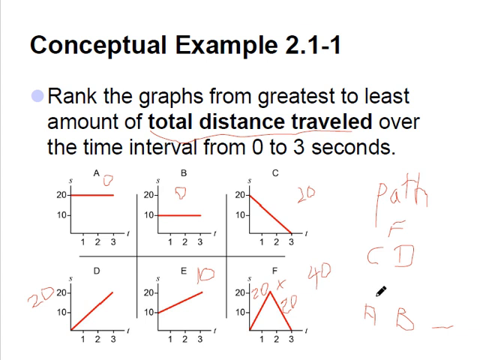And then E, because it has 10 units total distance traveled. So that's how you're going to rank it. The greatest is here, the least amount of total distance traveled is right there. Okay, it's not that bad.